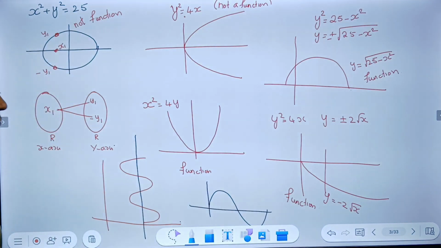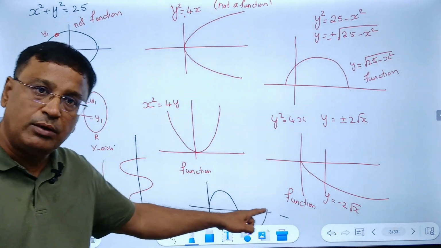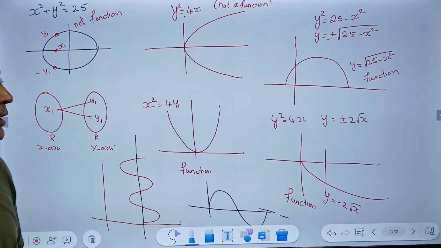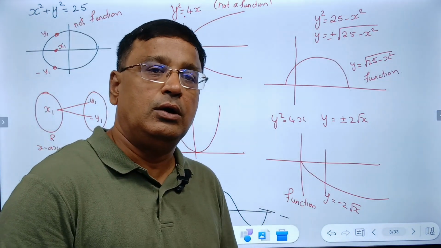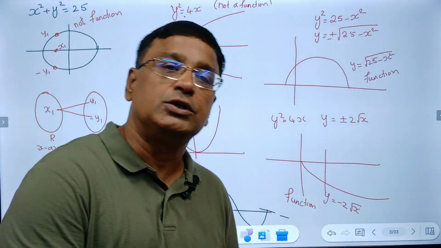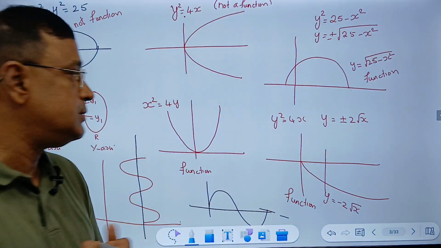If I draw a vertical line, it intersects the graph at exactly one point. So this is a function, whereas this is not a function. I hope now you understood from the graph how to estimate whether the given graph is a function or not. The simple idea is to use the vertical line test.